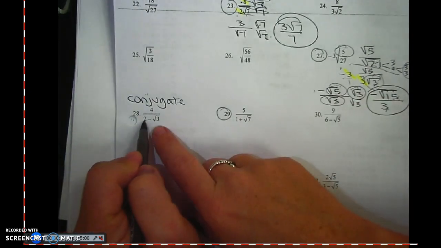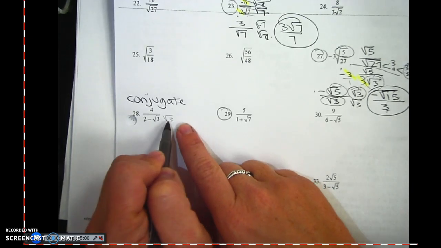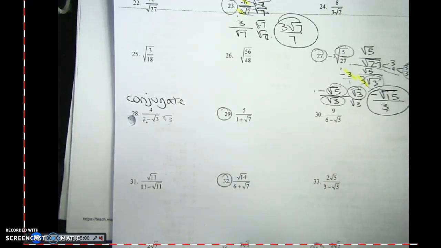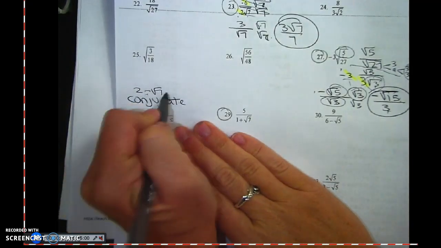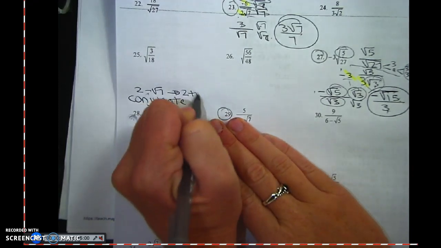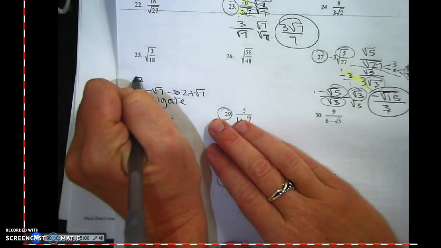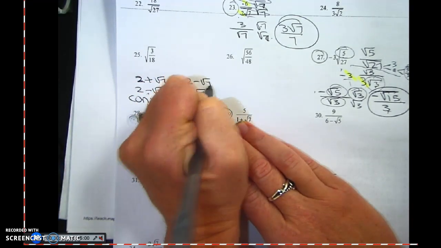But this time it says 2 minus rad 3. So I can't just multiply it by rad 3 because then I still have the radical when I distribute the 2. So there's something called the conjugate, where if I had 2 minus rad 7, the conjugate is 2 plus rad 7. Or if I have 2 plus rad 7, the conjugate is 2 minus rad 7.